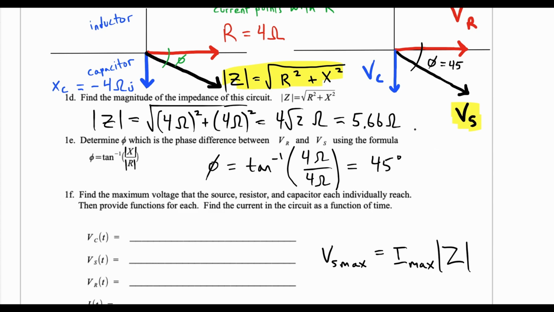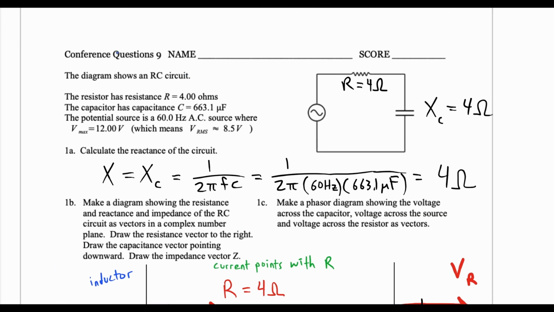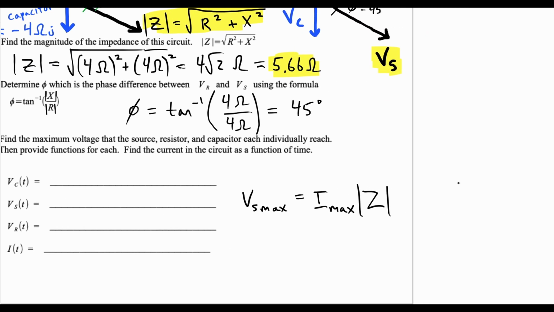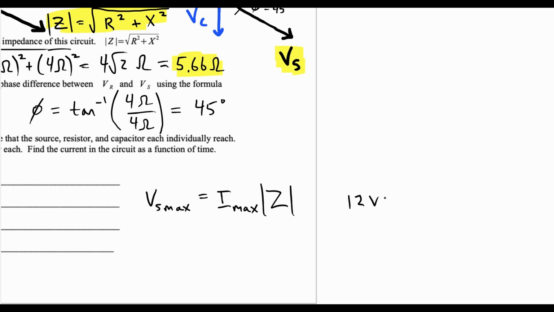So we know what the Z is. It's right here. And we also are given the source voltage earlier in the problem. It says use a max voltage of 12 volts. So this is something we can plug in. 12 volts equals I max times 5.66 ohms, and we can solve for what the I max is.